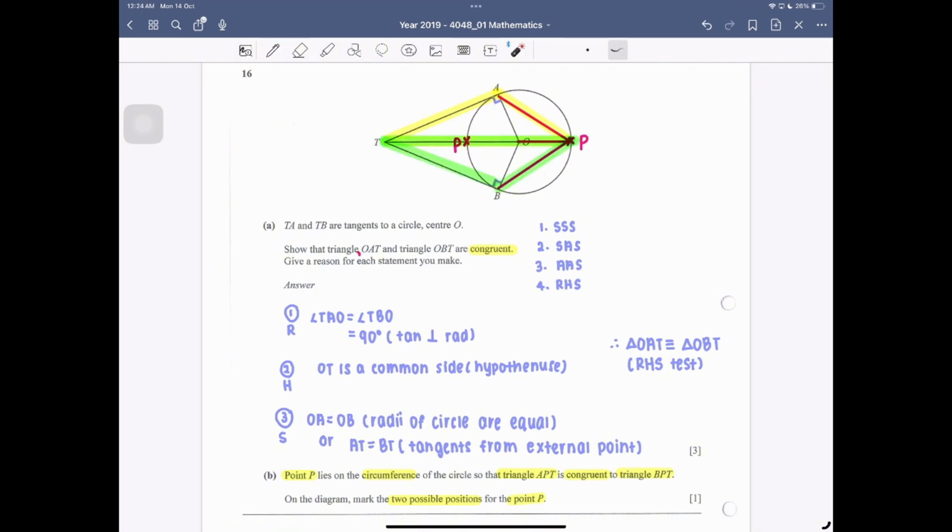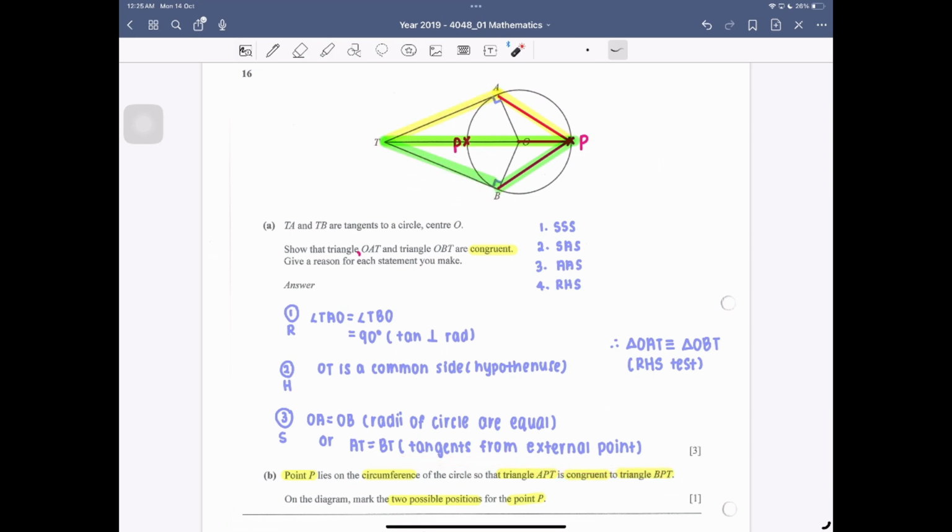The reason why putting point P here still works to get the two congruent triangles is because, as you can see, the first triangle APT and the second triangle BPT, number one, share a common side. So you have one side already. Number two, they also share another side of equal length, due to tangents from external point earlier on.